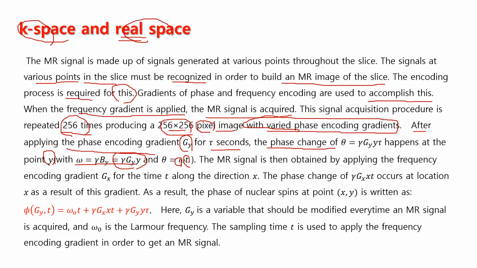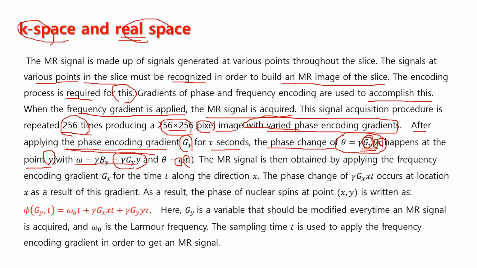This phase encoding gradient is applied along the y direction. So the phase change is given by this form, along the y direction, and the duration time of the gradient is tau, and that is the slope of the phase encoding gradient.